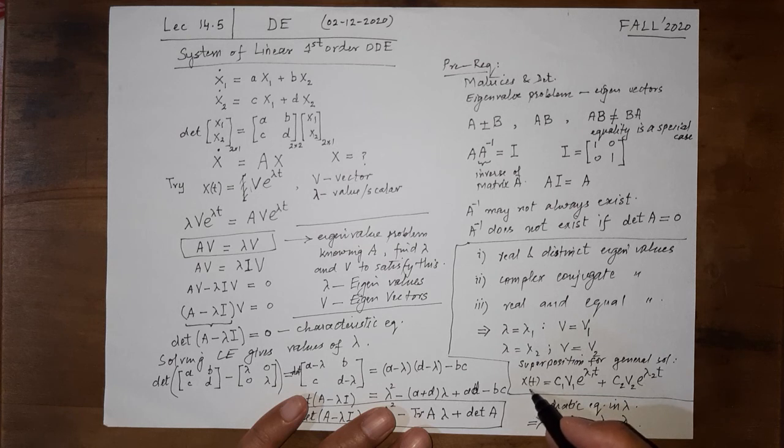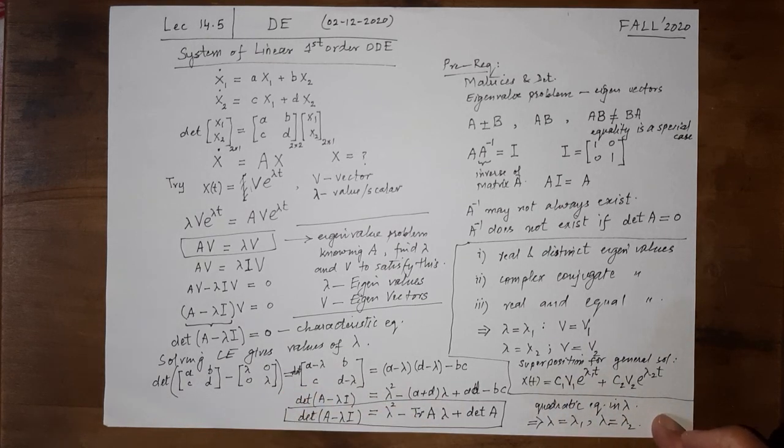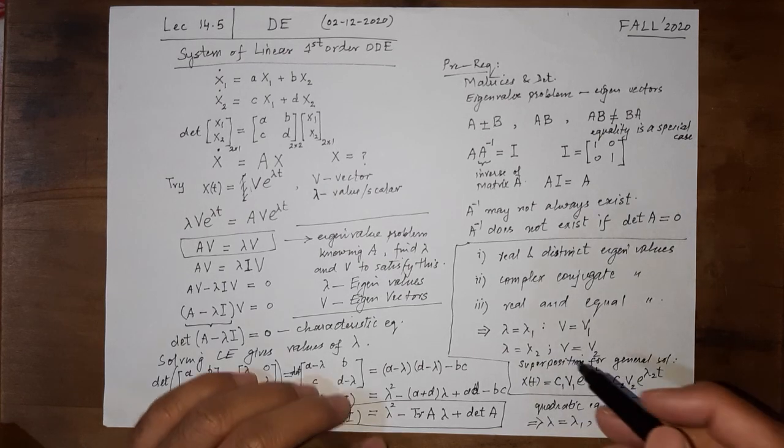x(t) is a vector here, c1 is a scalar, v1 is a vector, and e raised to lambda t is a scalar term. Lambda 1 and lambda 2 are scalars. So the sum overall is going to be a vector. I will do that in the next video.